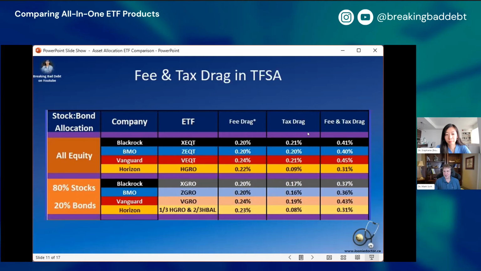But the reason why there's some tax in there is because there's foreign withholding taxes that are charged on dividends from foreign countries. And within a tax-free savings account, you're not able to reclaim those foreign withholding taxes. You can reclaim most of them in a personal taxable account, but within a TFSA, those taxes are essentially lost and non-reclaimable. It's a very small amount.